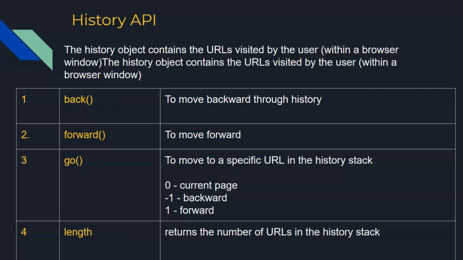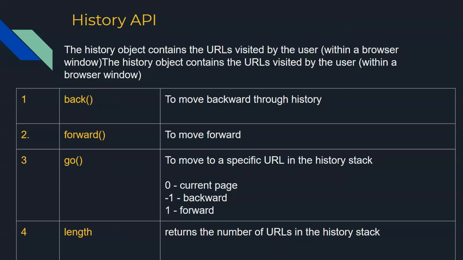The history object contains the URLs visited by the user within the browser or a window. In LWC, the history object is commonly used like the navigation mixin, and it usually stores all the pages you have visited.